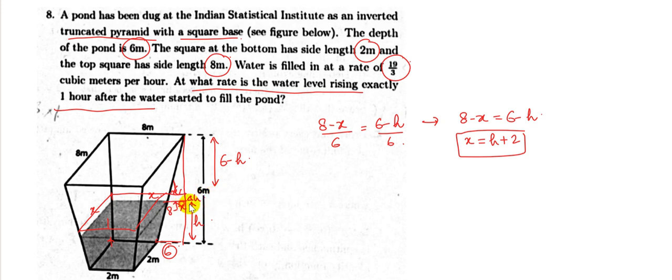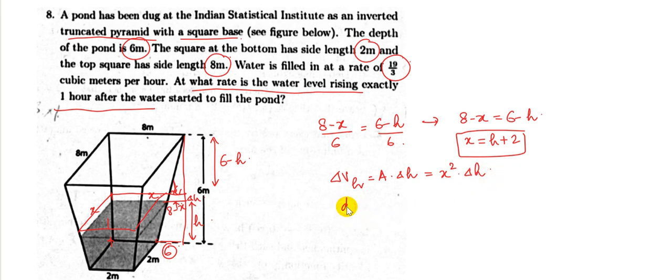So the delta V at height h is given by area into delta h, which is x square into delta h.